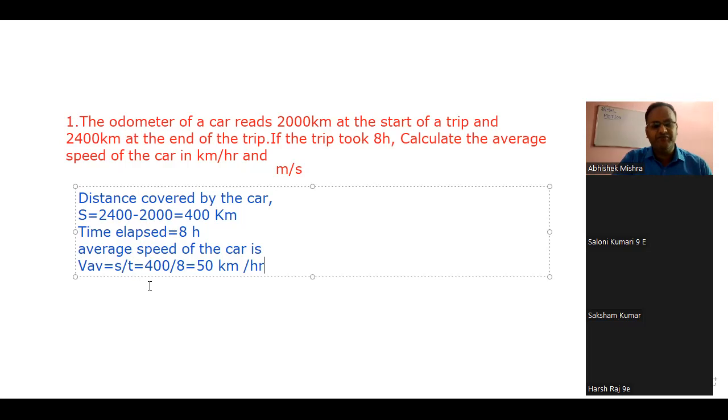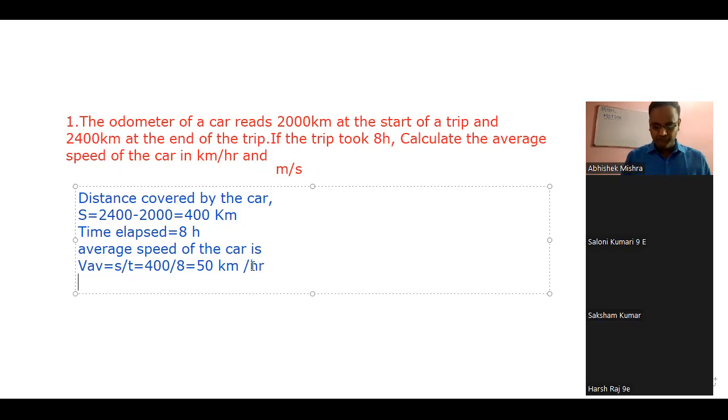So the average speed will be the total distance covered, 400 by 8, that is 50 kilometer per hour. Now the first answer is 50 kilometer per hour, and we have to convert the speed, that is 50 kilometer per hour, into meter per second.